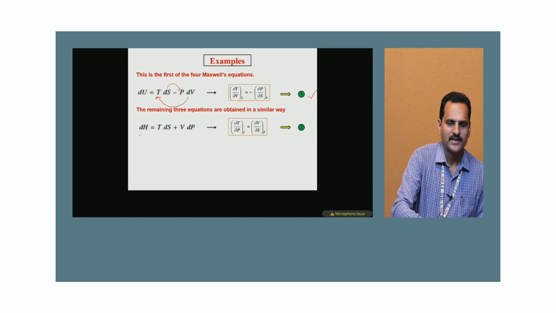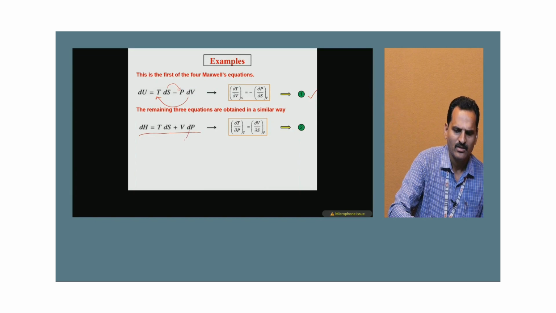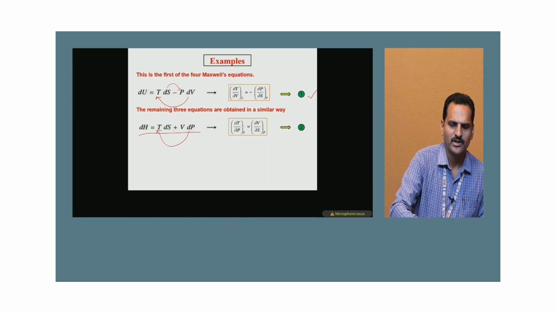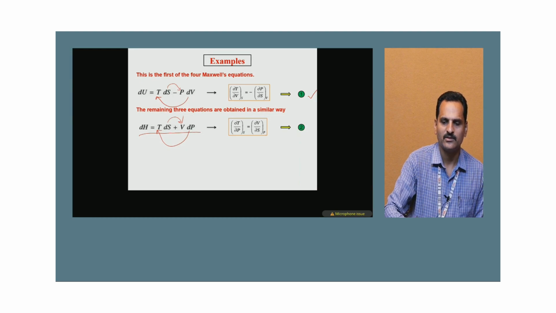If we take the second fundamental property relation, which is related to enthalpy, dH is equal to TdS plus VdP, that is converted into the partial differential form ∂T/∂P is equal to ∂V/∂S. Apply constant entropy S and constant pressure P here, and the remaining variables. This is called the second Maxwell equation.